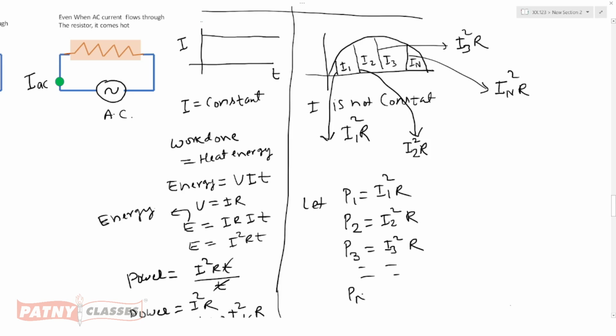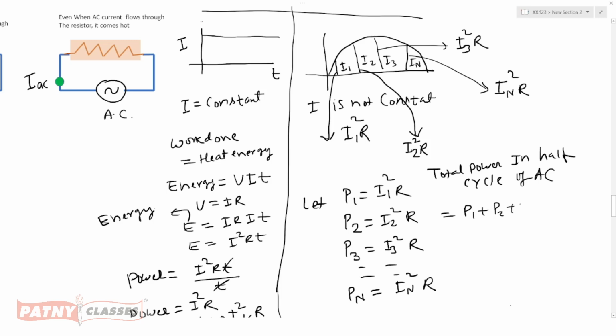Power for the nth case Pn equals In square into R. So total power in half cycle of AC equals P1 plus P2 plus P3 and so on plus Pn.